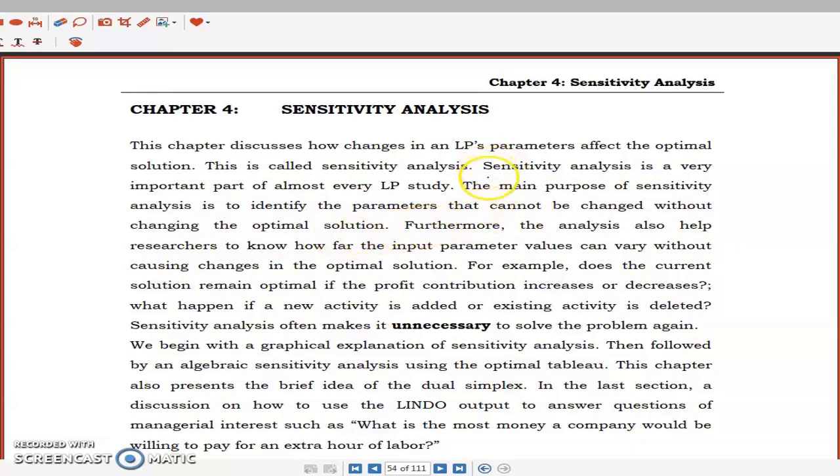The parameter in this case is, we change the objective function or the constraint of the model.